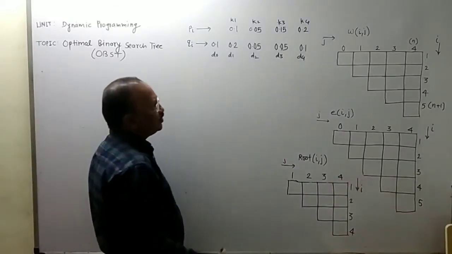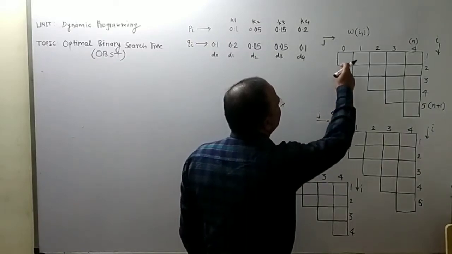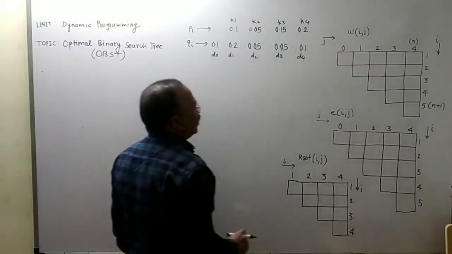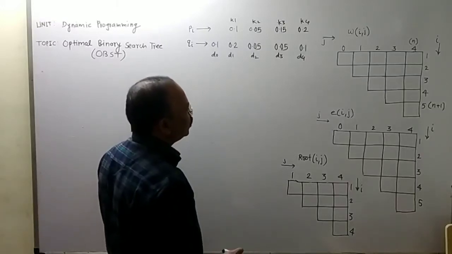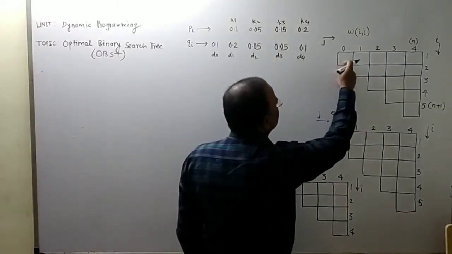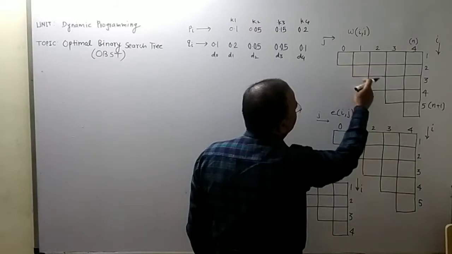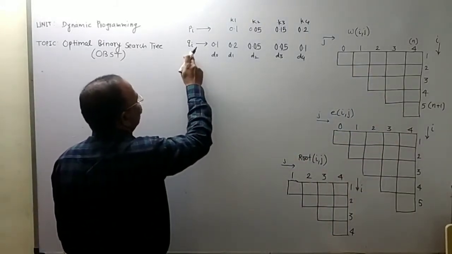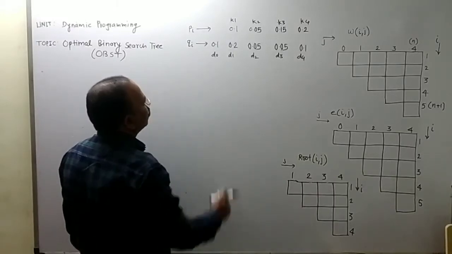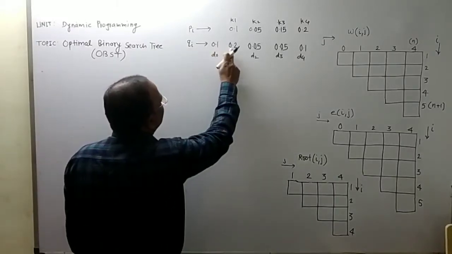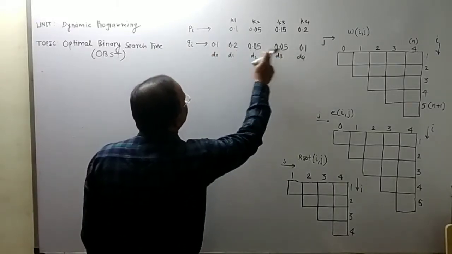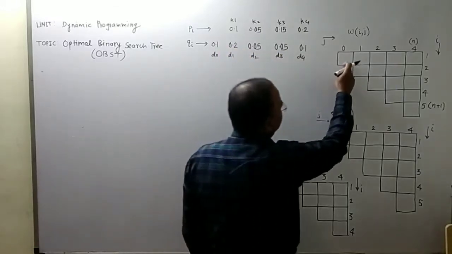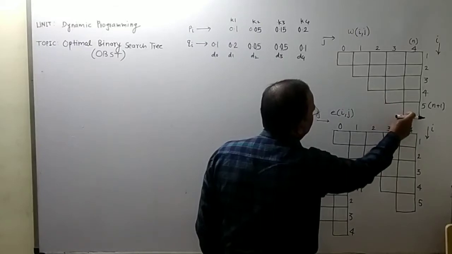Now let us see how to fill W tables. First we have to write the values in the bigger diagonal from the probabilities of dummy keys. There are 5 dummy keys having 5 probabilities, so we have to put them in the bigger diagonal.